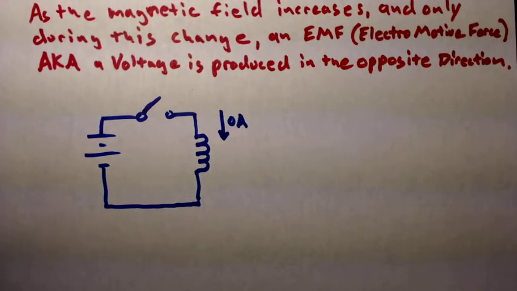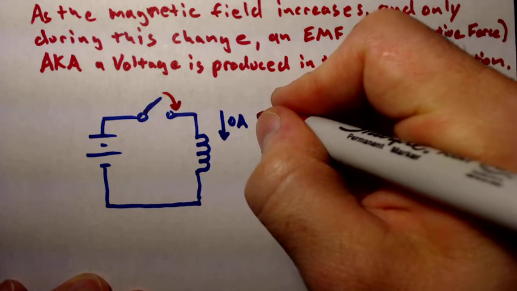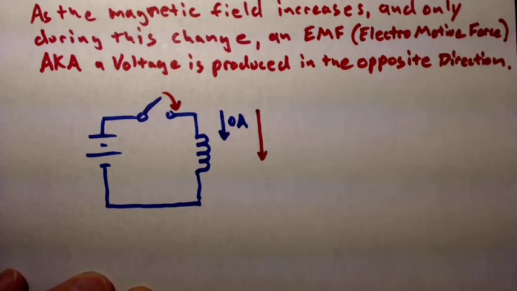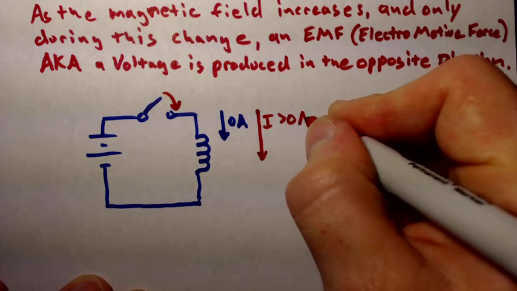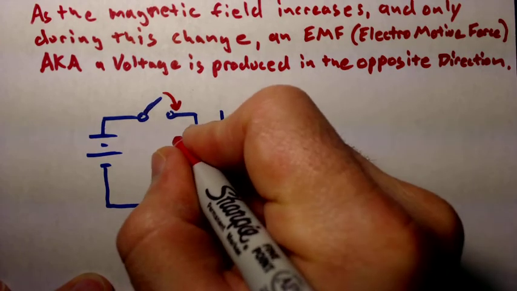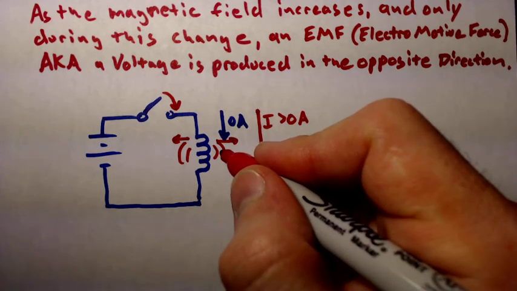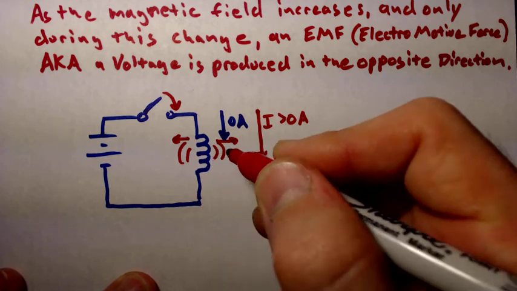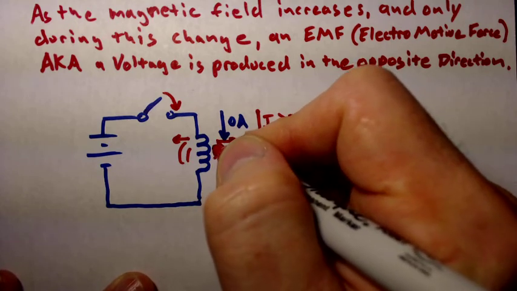Once I close the switch, I now have some amps going through here. I'll just say current is greater than 0 amps. And so that produces this expanding magnetic field. As the magnetic field expands, it moves through its own coils of wire and produces a voltage opposite of the change that created it in the first place.